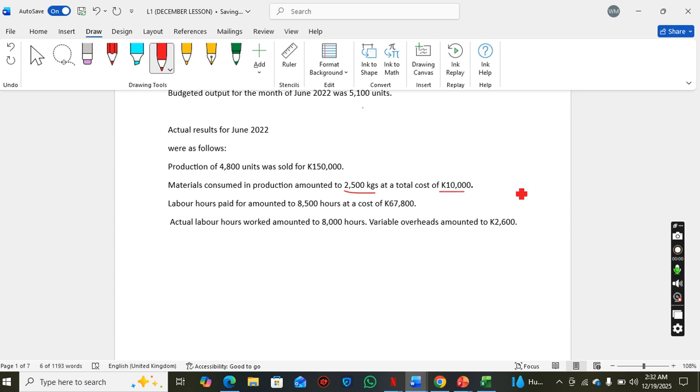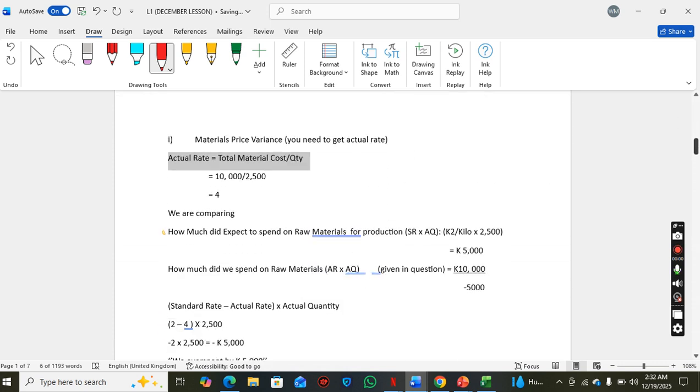So I want to find out what our actual rate for materials is. We're going to say 10,000 divided by 2,500. You get 4 kwacha per kilo. This is how much we actually paid per kilogram.